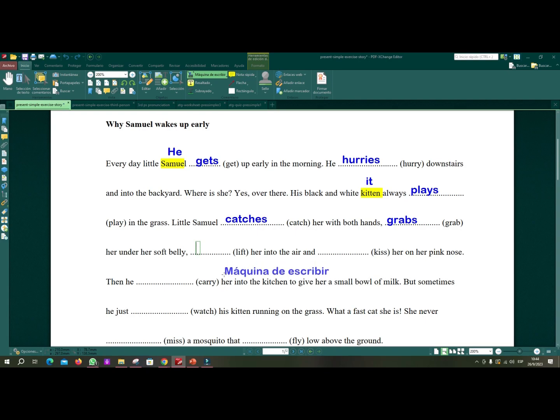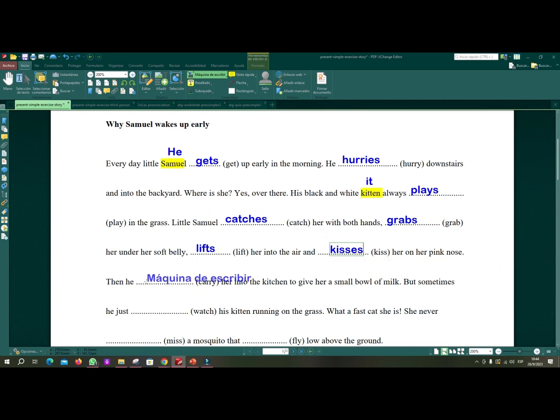Caro, which could be that one? Lift. Yes, only the S, right? Lift her into the air, right? And here you have kiss, double S at the end. So, kisses her on her pink nose.